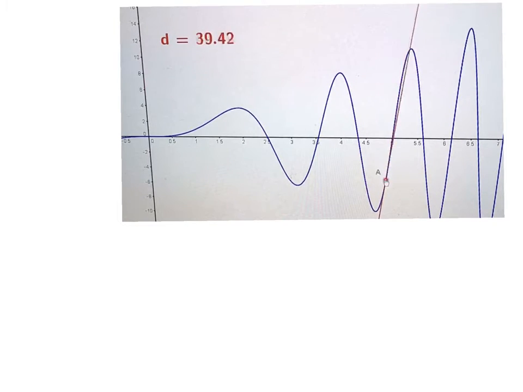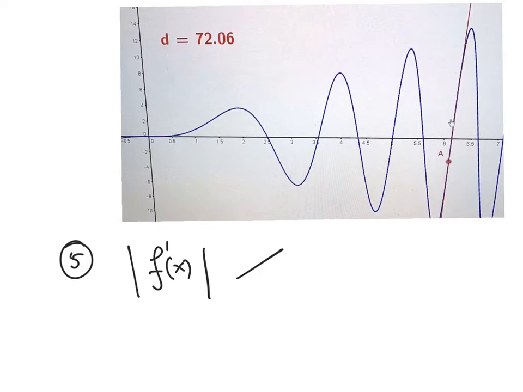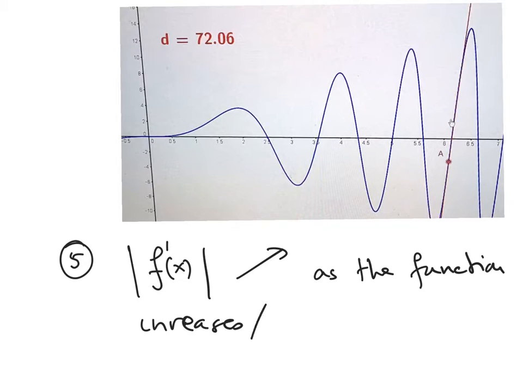Here it's around 50, and then here it's around 60 something, and here around 72. So characteristic number 5, we will say that the absolute value of the derivative increases as the function increases or decreases rapidly.